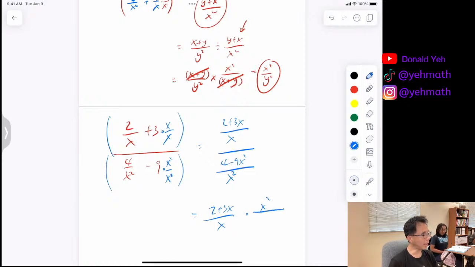Now I don't like 4 minus 9x squared. Why is that? Well, it's also descending order, but it's also a difference of squares. Actually, I can factor this because the other side is 2 plus 3x. So I can change this to two parentheses. What would it be?